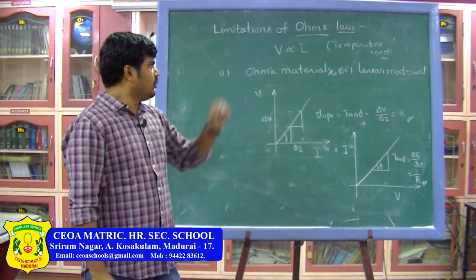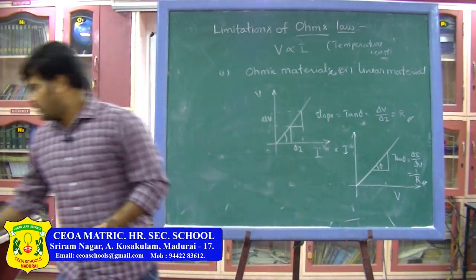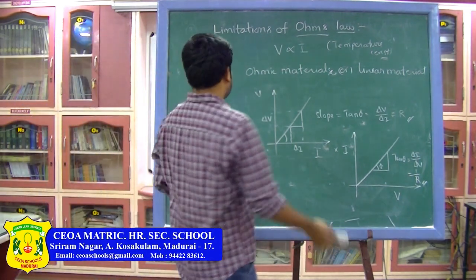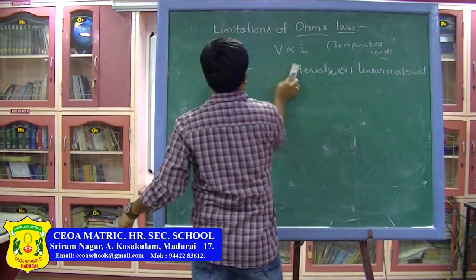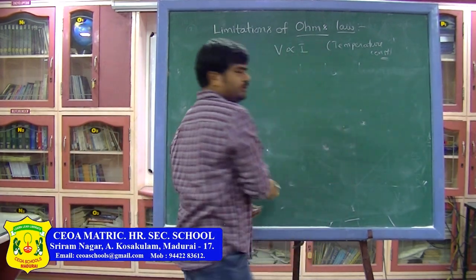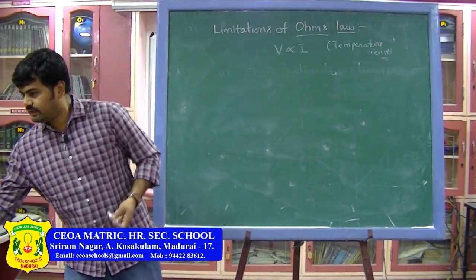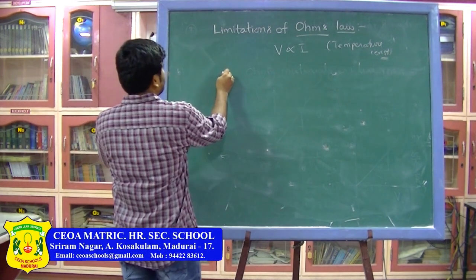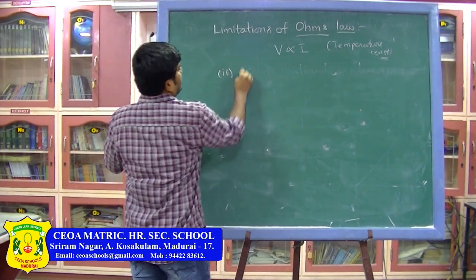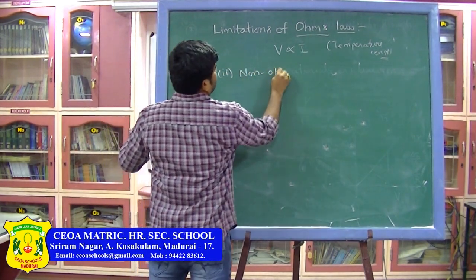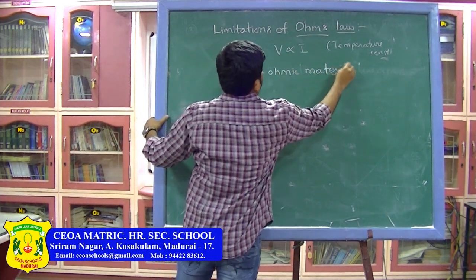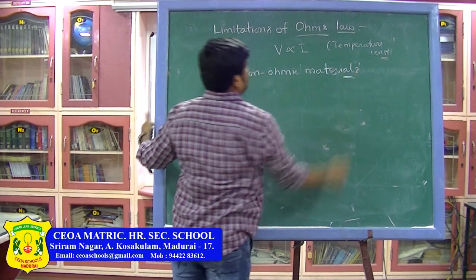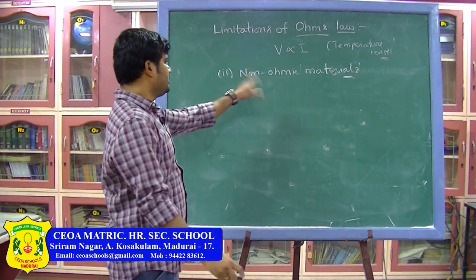So these are ohmic materials. Now let us see what is meant by non-ohmic materials. I told you that Ohm's law is not a universal law, so it has many limitations. Non-ohmic materials. I will write some materials here.